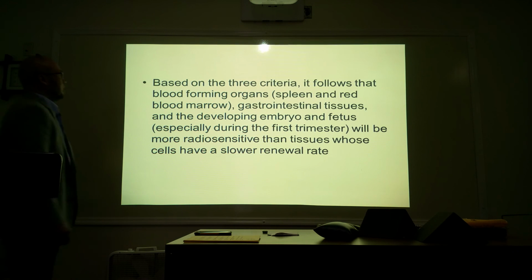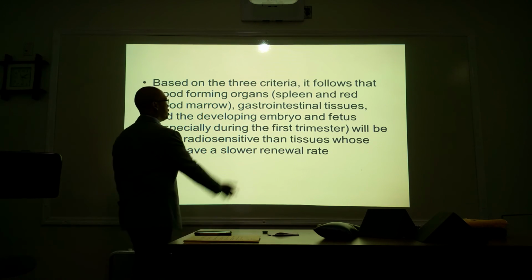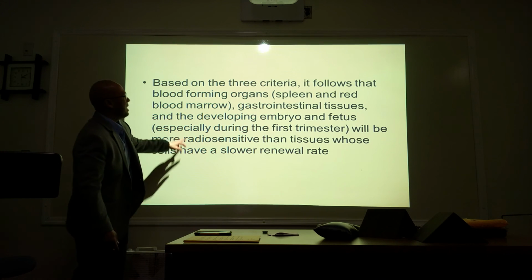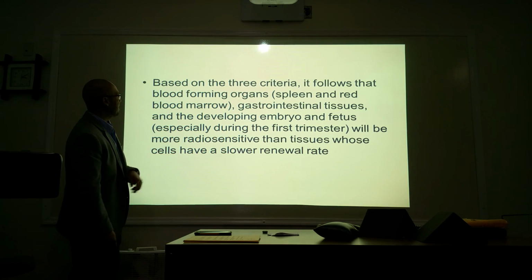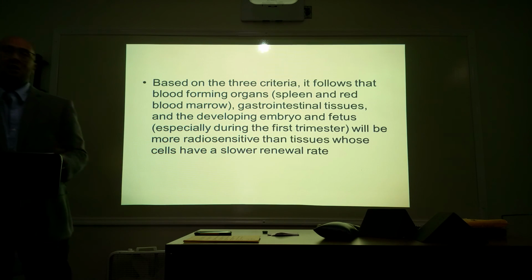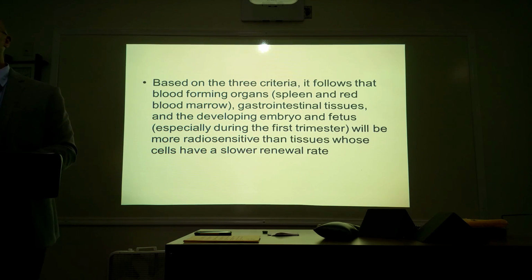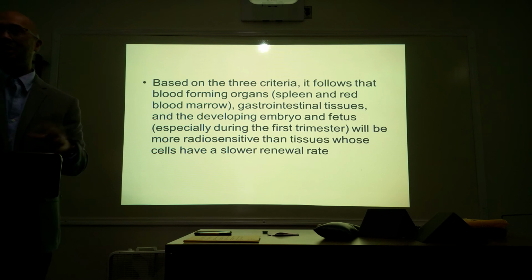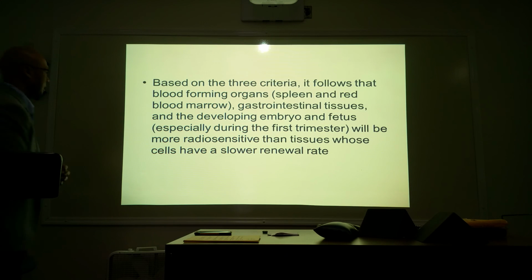Okay. So, blood-forming organs, your GI tract, and then your developing embryo and fetus, especially during the first trimester, because by the end of the second and beginning of the third, the baby's nearly fully developed, so the cells aren't dividing as rapidly as in the first trimester.